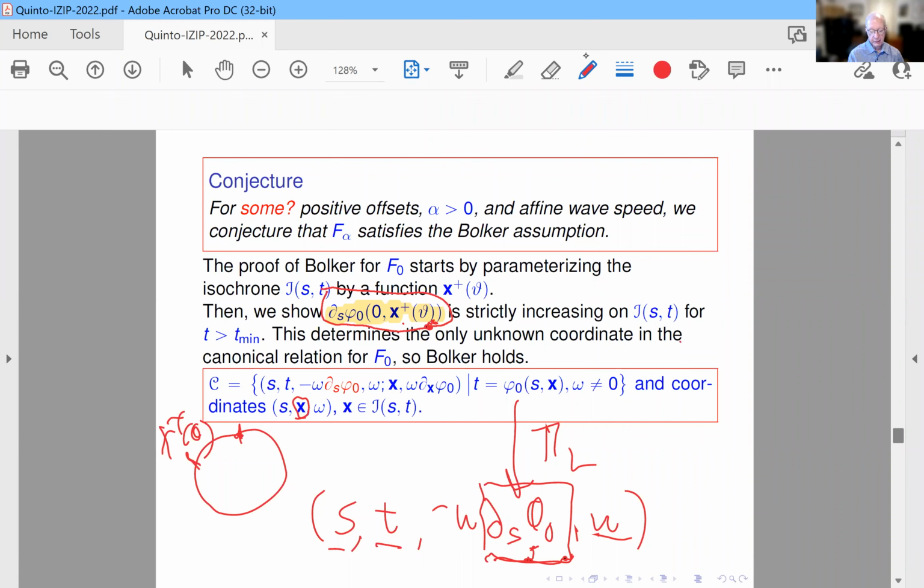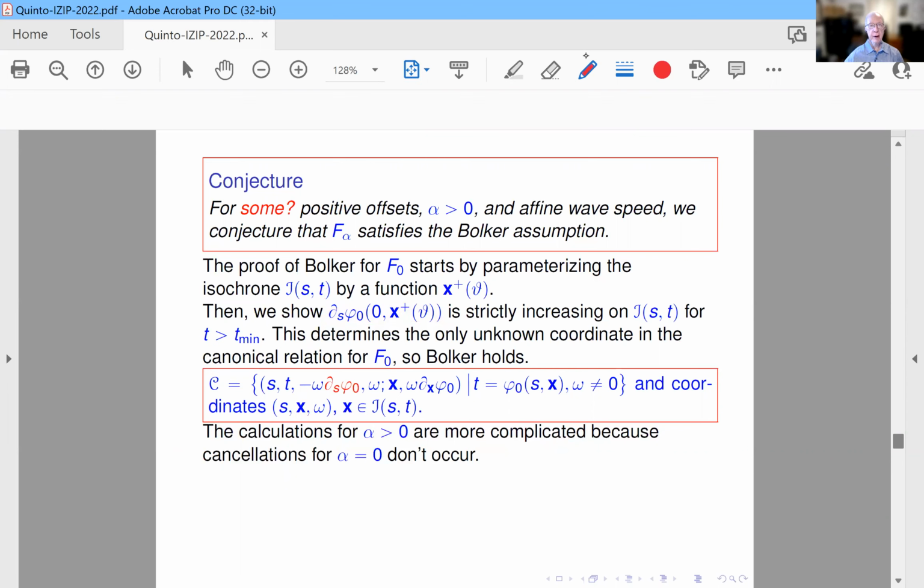So we can figure out theta, and that gives our point on the isochrone, and that gives us the only coordinate in C we didn't know. Good. So that's the proof for 0.